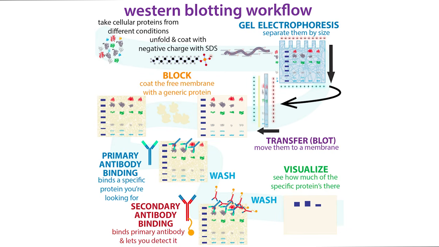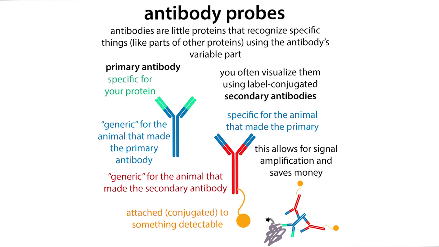Antibodies have generic parts and specific parts, and the specific parts are specific for the thing you're looking for. Typically, you have a primary antibody that recognizes your protein specifically, and then a secondary antibody bound to something detectable.